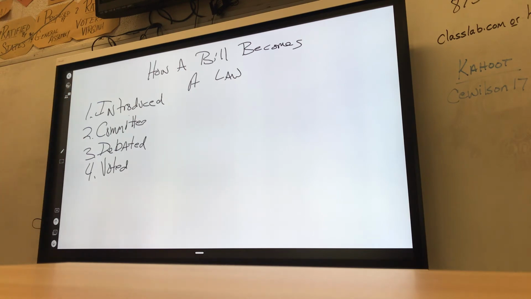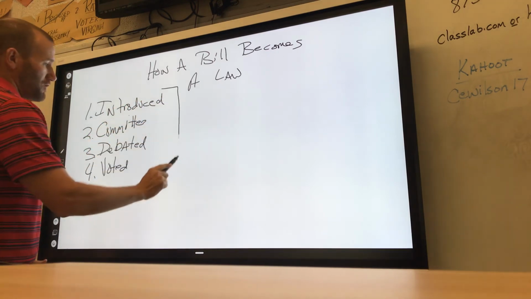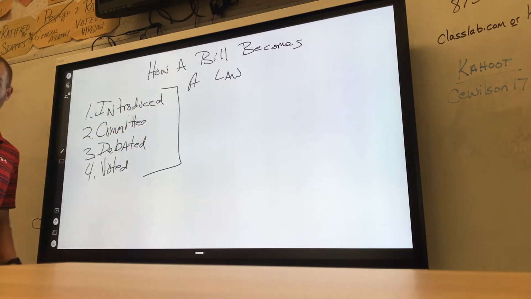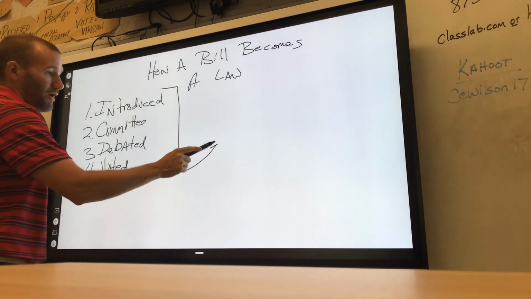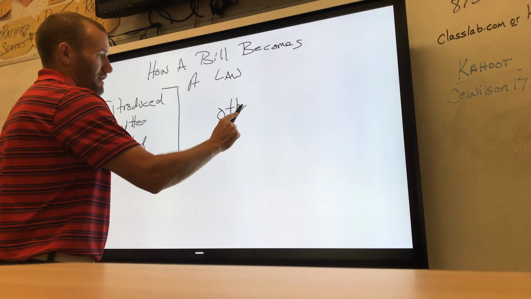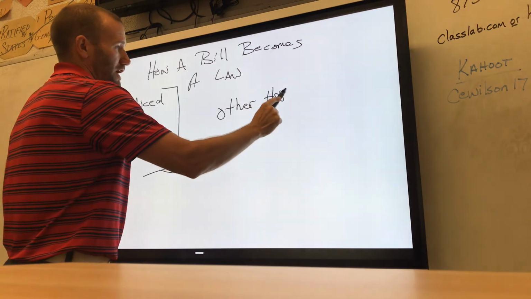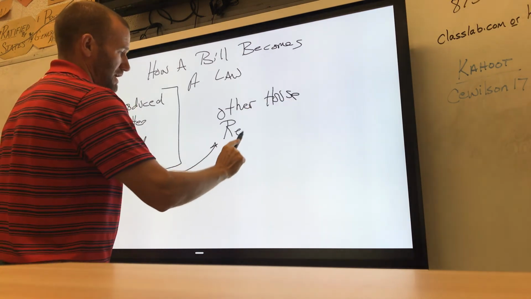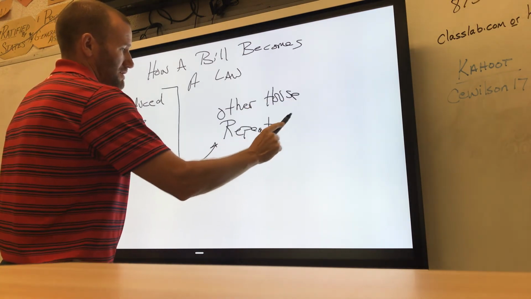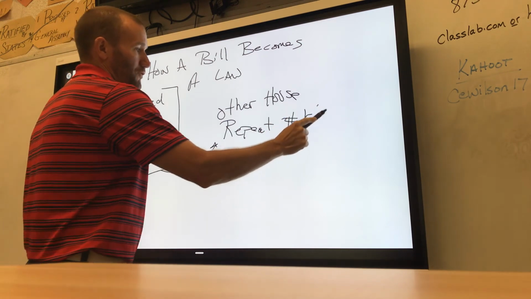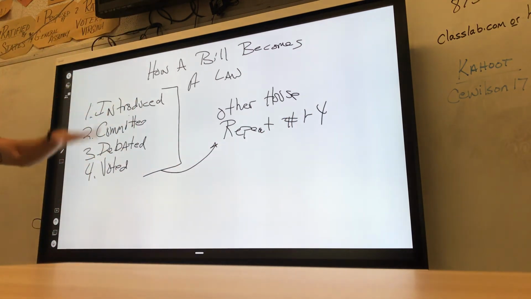What we'll have to know, and again, I don't think it's on the test now, but it will be in the future, is that these 4 steps have to be repeated in the other house. So steps 1 through 4 go through twice.